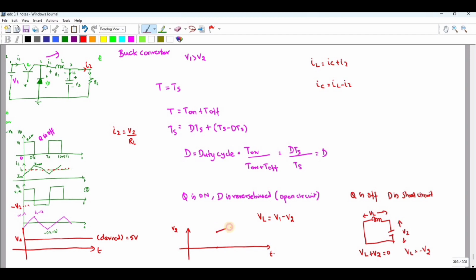So you will get the output like this. Instead of a straight line I am getting a fluctuation, which I can write as delta V.